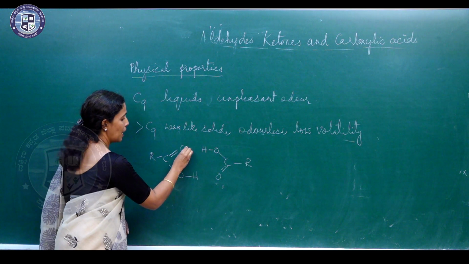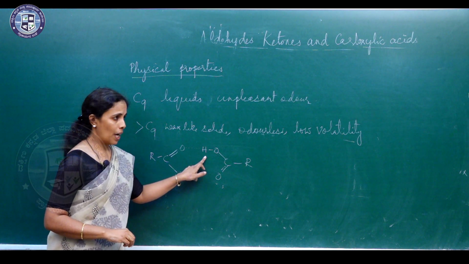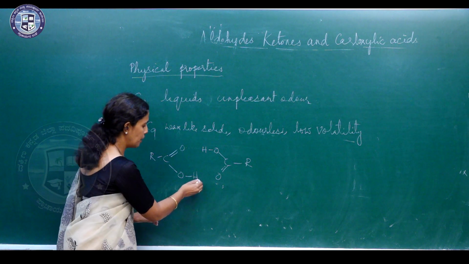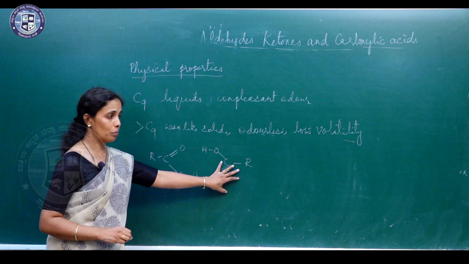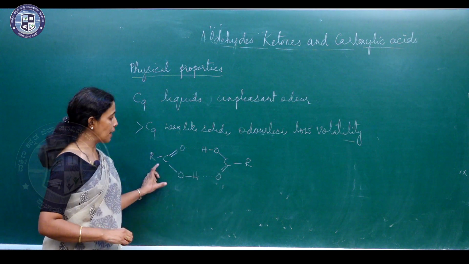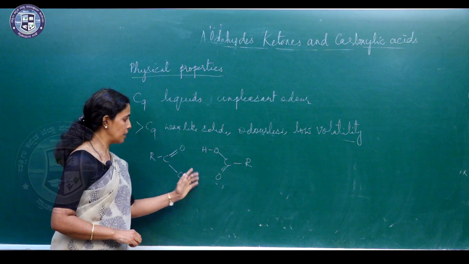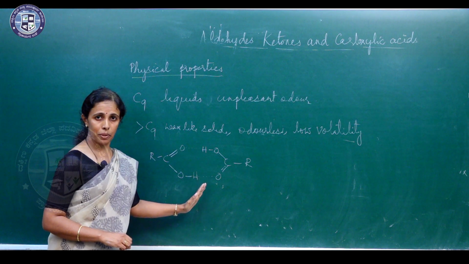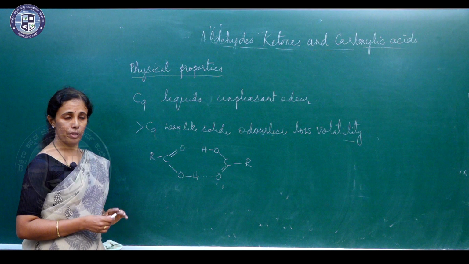The oxygen atom of one carboxylic acid will form a hydrogen bond with the hydrogen atom of another carboxylic acid, and here again the hydrogen atom will form a bond with the oxygen atom of another, and they exist as a dimer. Both the molecules will be together and it is not possible to break this bond even in the vapor state. That is why the boiling point of carboxylic acid is very high.